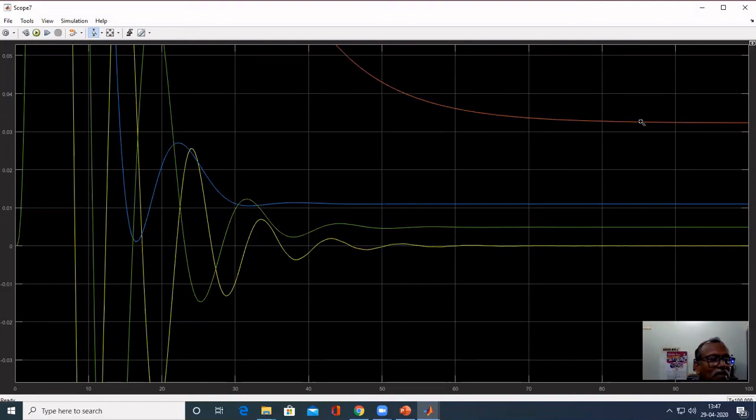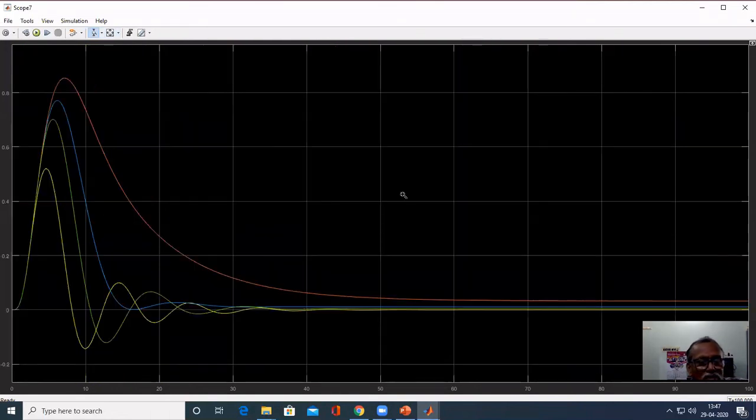It has almost about 3.5% steady state error. So Dahlin's controller has steady state error, but the deadbeat controller doesn't have any steady state error. And the deadbeat controller works very fine for load changes.